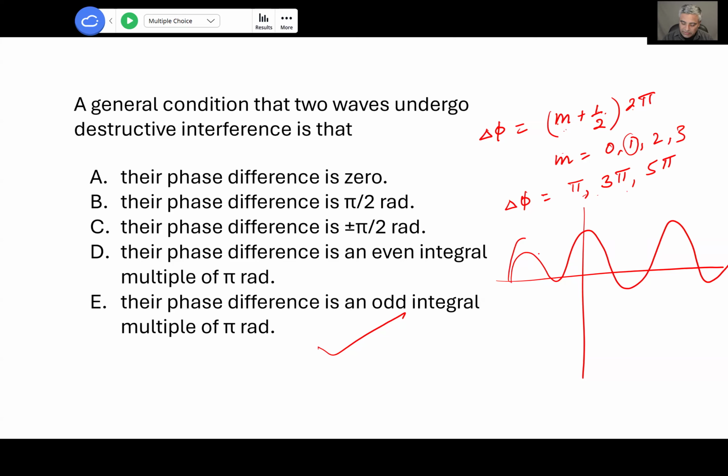My drawing is not that great here. If we say this is m equal to 0, then this is m equal to -1 on the one side, and m equal to +1 on the other side. So any integer, positive or negative, is valid for this. Constructive and destructive both.